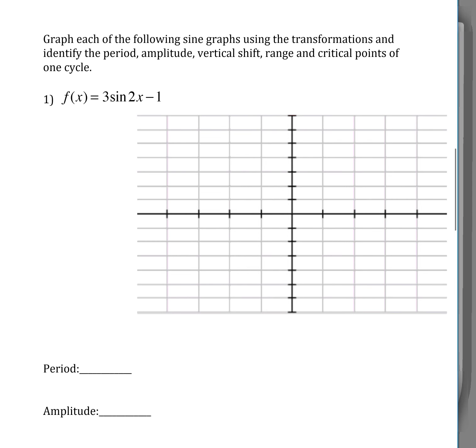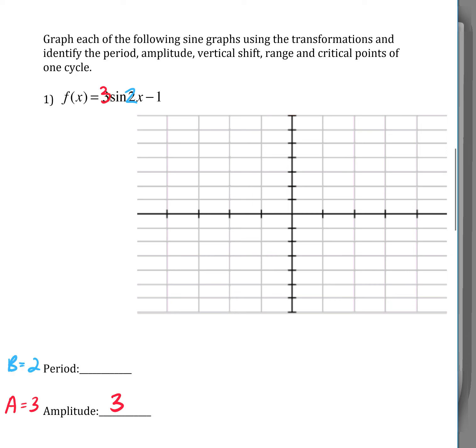Our first example, we have an A value of 3. That tells us that our amplitude is 3. Amplitude itself will be positive. If it's negative, again, that will tell us if it's a reflection. Our B value is 2.